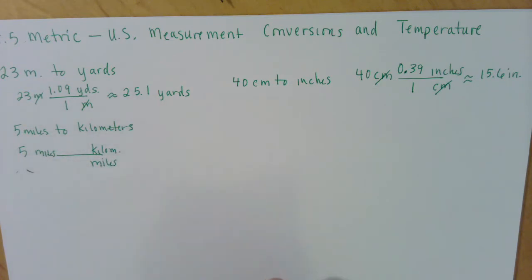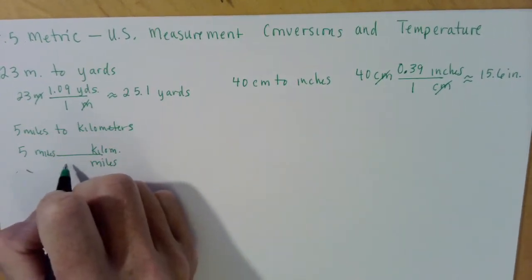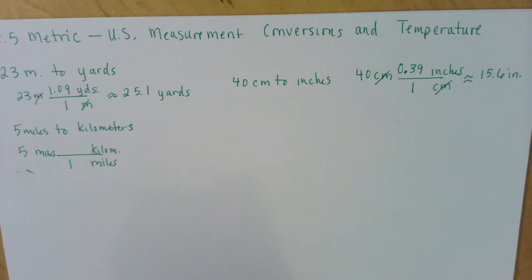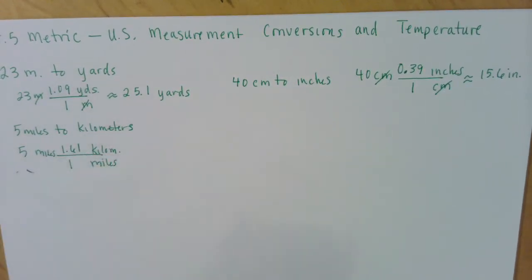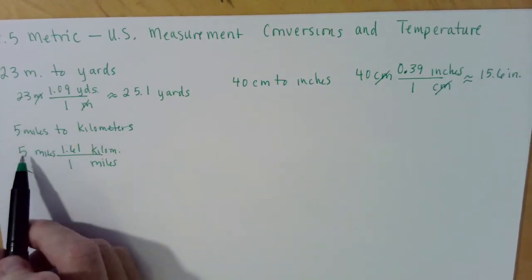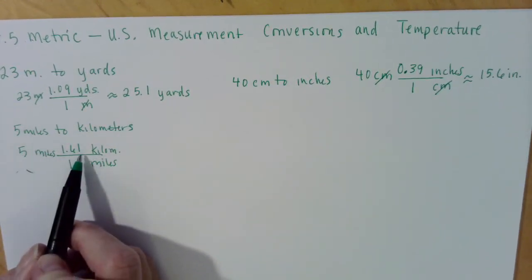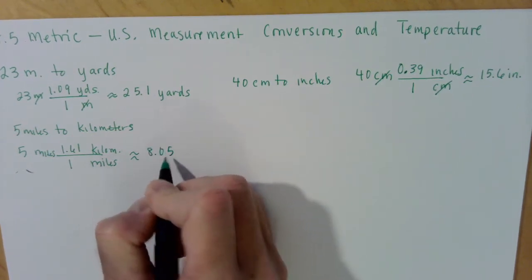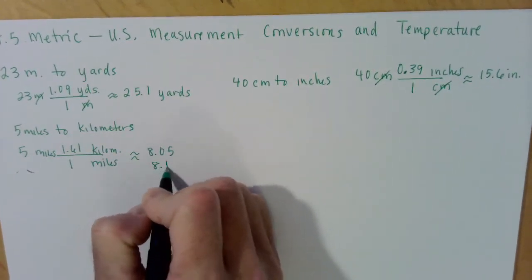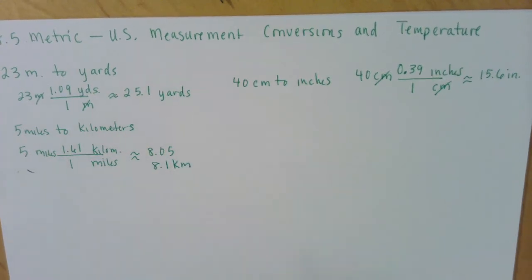So that will be on top. Now, look at your chart. 1 mile, I hope you can write it before me, is equivalent to 1.61 kilometers, isn't it? So now you're just multiplying 5 times 1.61, and you should get 8.05, and they round it to 8.1 kilometers. Okay?